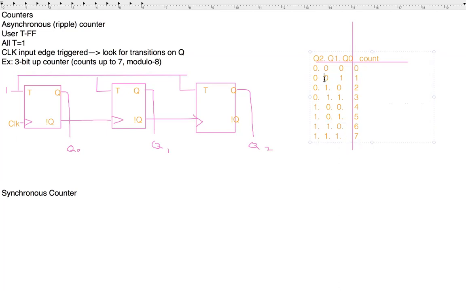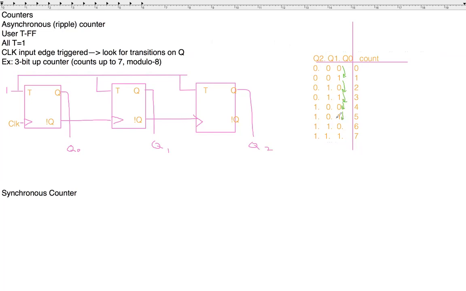We have our count here, 0 to 7, and our inputs here. Now we're going to look specifically at how these change and why it's set up this way. On this one, we notice Q0 changes literally every single time. On every clock edge, it's changing 0 to 1, 1 to 0, 0 to 1, 1 to 0.